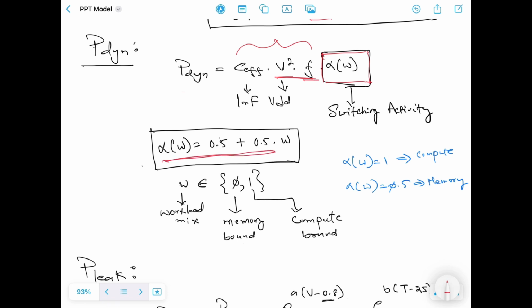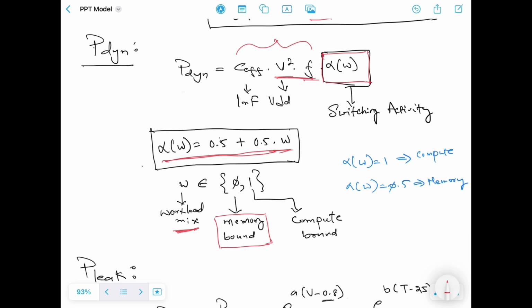So alpha of W is equal to 0.5 plus 0.5 times W, and this new term W is basically the workload mix, a number between 0 and 1. What this workload mix means is that if W is, let's say, 0, then the CPU is in a semi-idling state, fully memory bound, trying to fetch data from the memory.